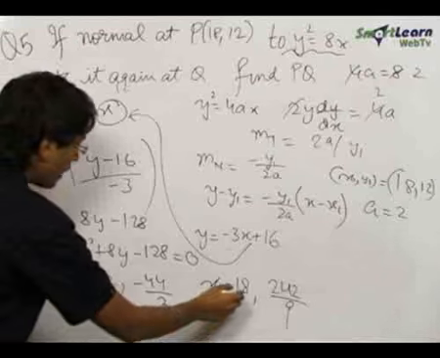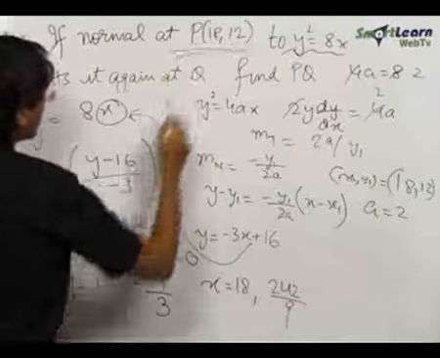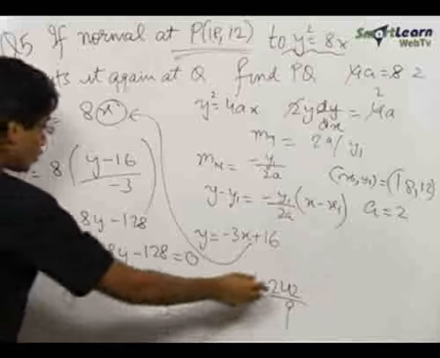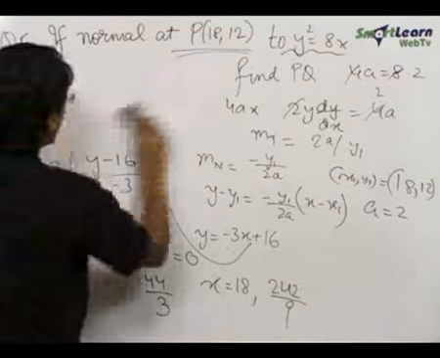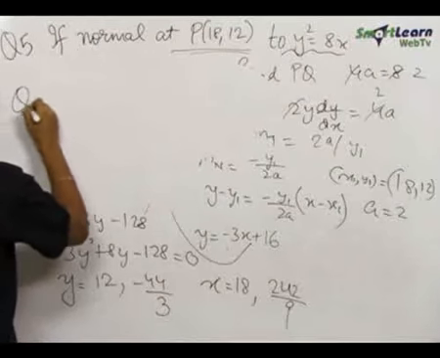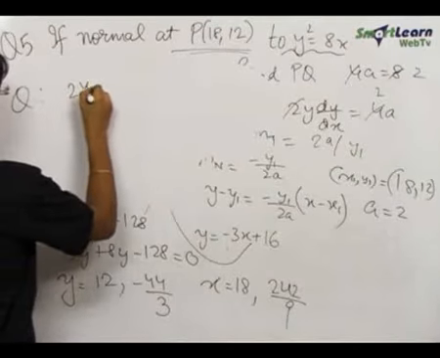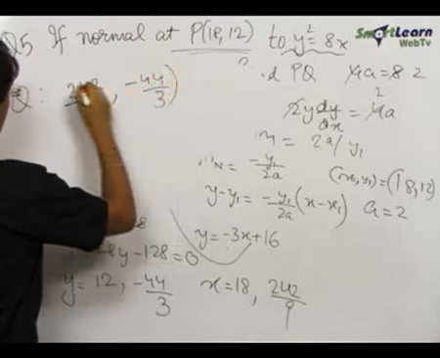Very clearly the point (18, 12) is the point P at which the normal has been made. So the other point, (242/9, minus 44/3), gives the coordinates of the point Q, and hence our Q is (242 upon 9, minus 44 upon 3).